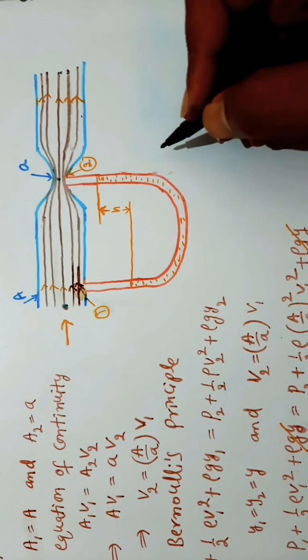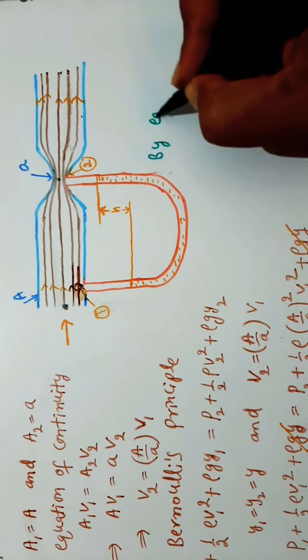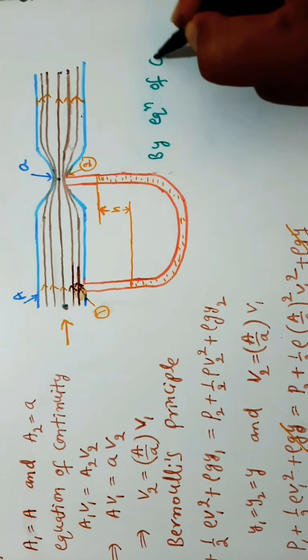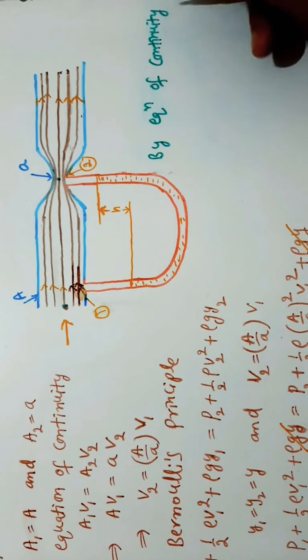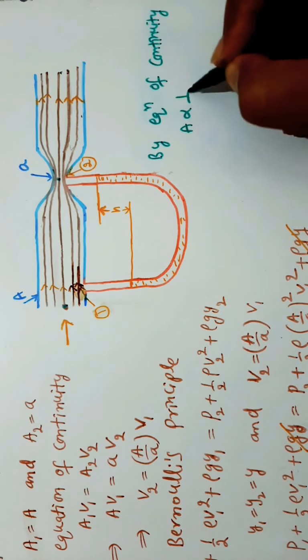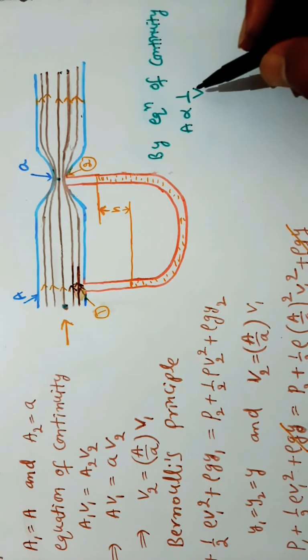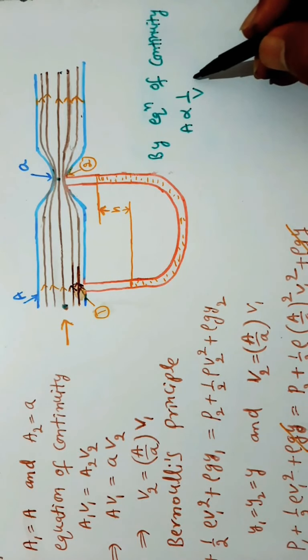If we observe the equation of continuity, area is inversely proportional to velocity. So if area decreases, velocity increases.